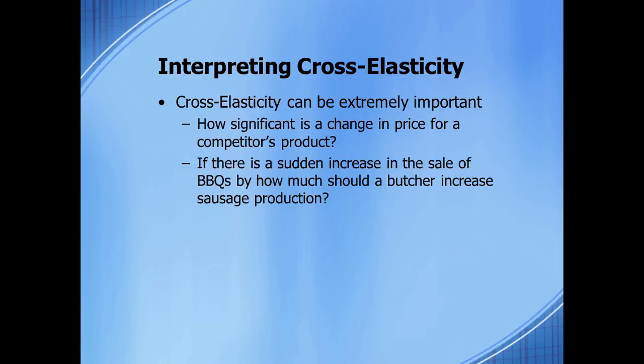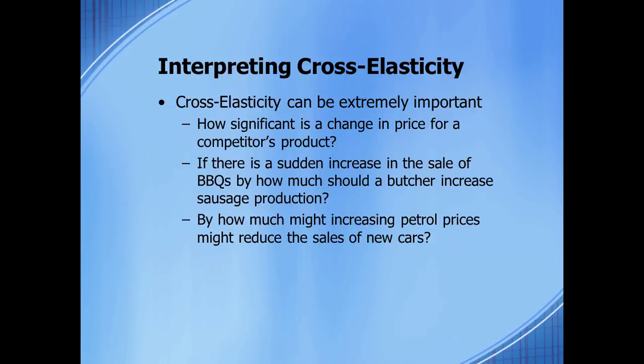If, for example, there's a sudden increase in the sale of barbecues, by how much should a butcher increase the sausage production? By how much might increasing petrol prices reduce the sales of new cars? Because people might get more reluctant to drive themselves, they might choose public transport, alternative forms of transport.